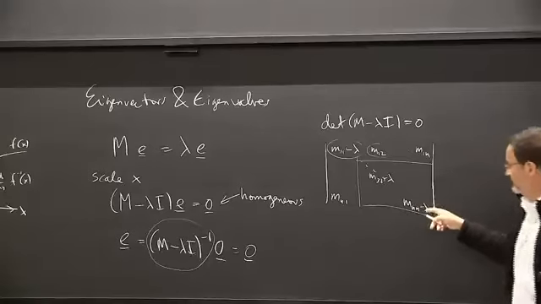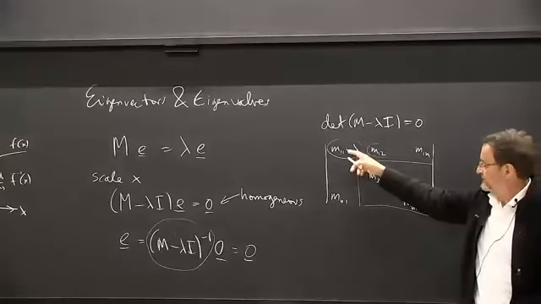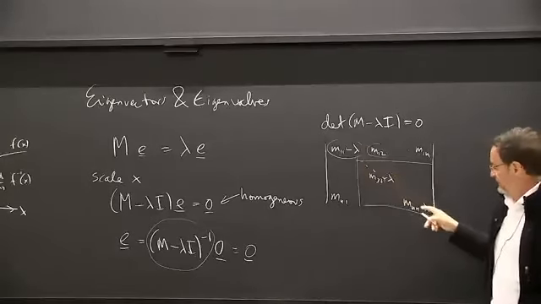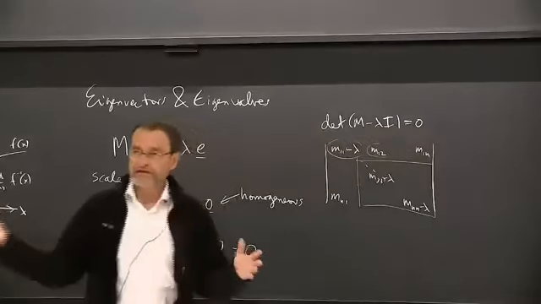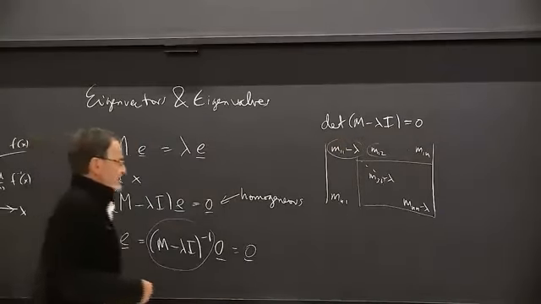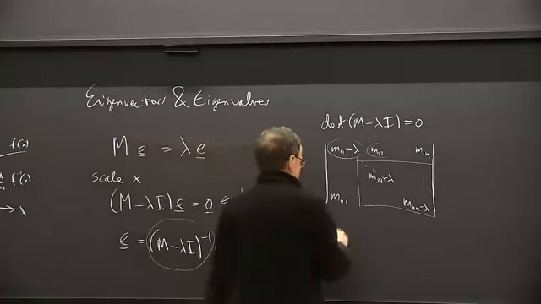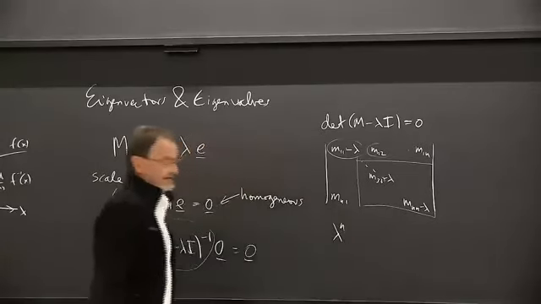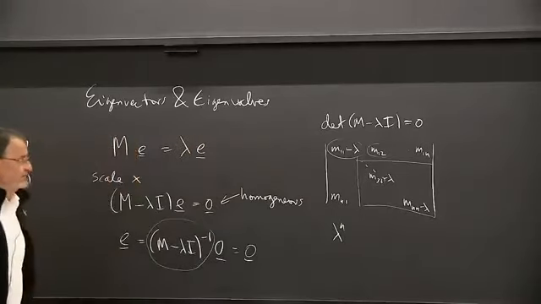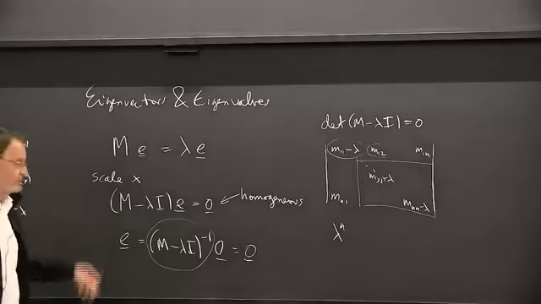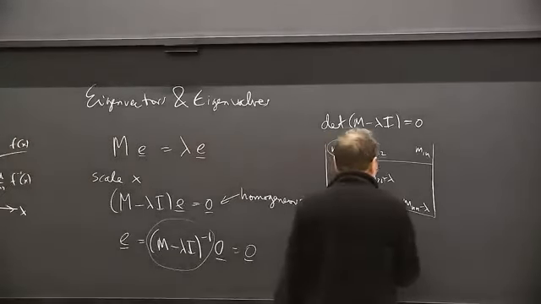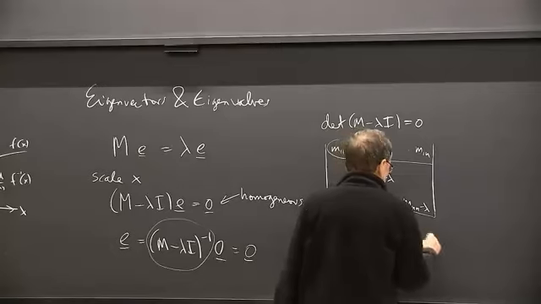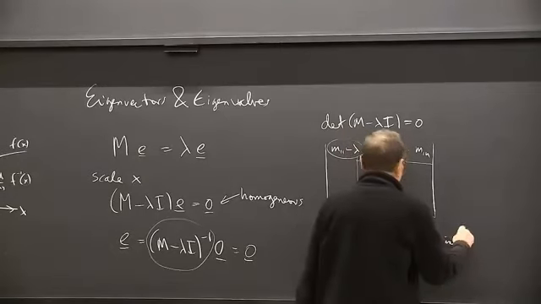So if we look at the product of all of the terms on the diagonal, that'll be part of the determinant, one of many parts. And it's got lambda to the n in it, right? We're taking m11 minus lambda, m22 minus lambda, and so on. So what's the determinant? Well, it's a polynomial in lambda.